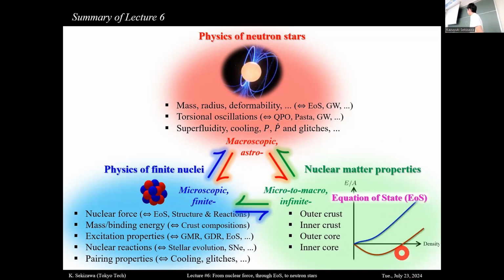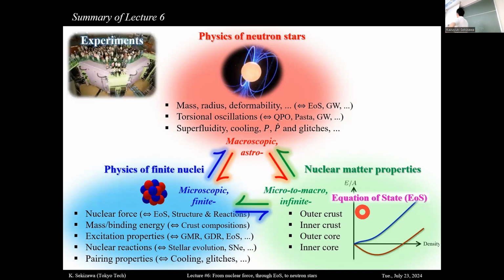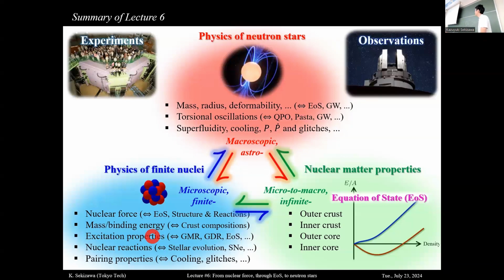I introduced the equation of state, which can be calculated as a nuclear many-body problem. Those are mutually related. Experimental study is important to constrain many properties of finite nuclei, and observations are also important to put constraints on the mass-radius relation, with observations like gravitational waves, QPOs, and glitches.